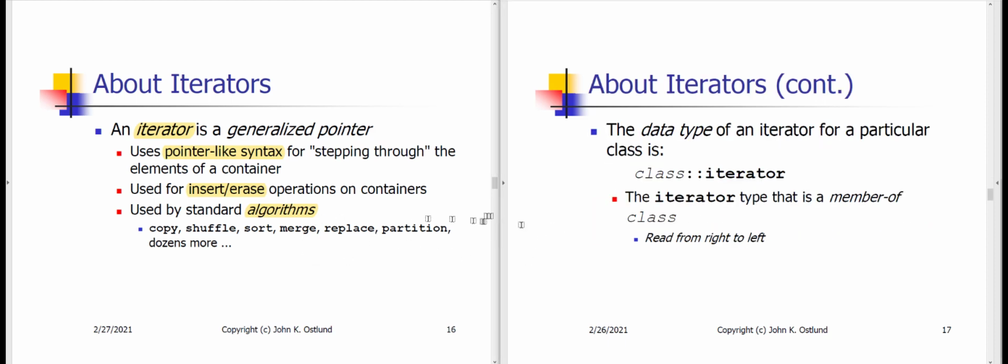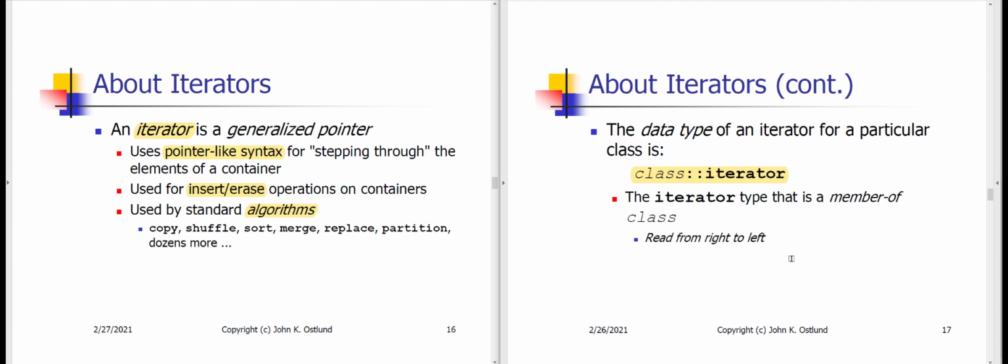Now, in order to use an iterator, the type of the iterator is always going to be iterator that is a member of a certain class. All right? So the type of the iterator is part of the class that the iterator is associated with. If I have a vector of int, then the type of the iterator is iterator that is a member of the vector int class.